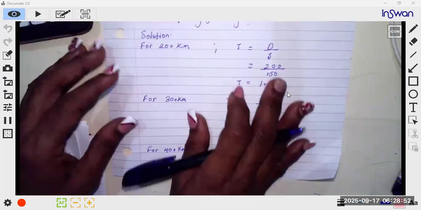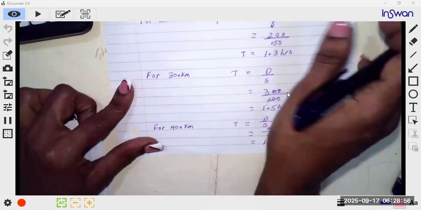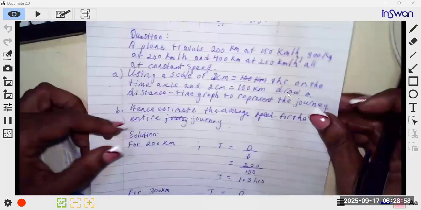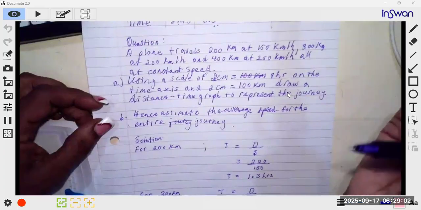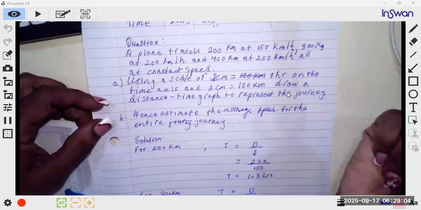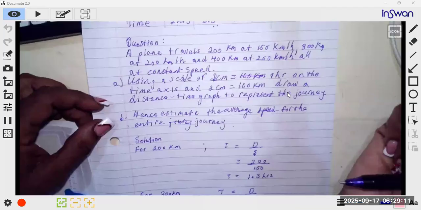So first of all, this is our question here. The plane travels 200 kilometers at 150 kilometers per hour, 300 kilometers at 200 kilometers per hour, and 400 kilometers at 250, all going at a constant speed.